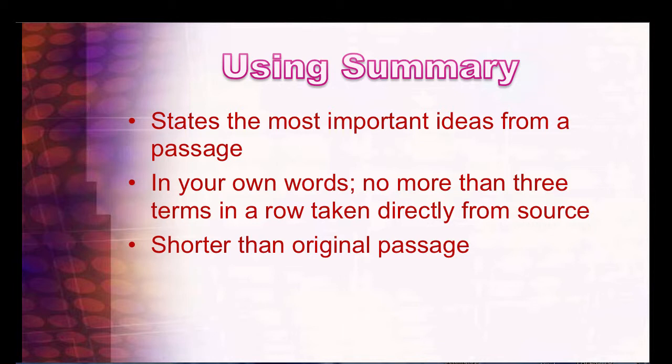Because the summary just states the most important ideas from a passage, most of the time it will be shorter than the original passage. It can be considerably shorter. For example, if I were writing a paper about literature about the South, I might say Gone with the Wind, which tells the story of a Southern woman during and after the Civil War, was written by Margaret Mitchell.